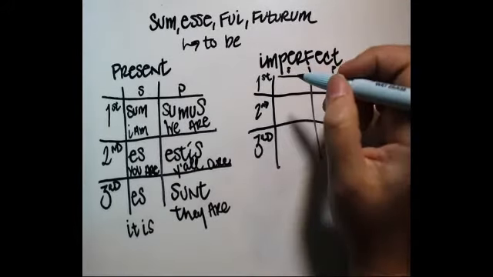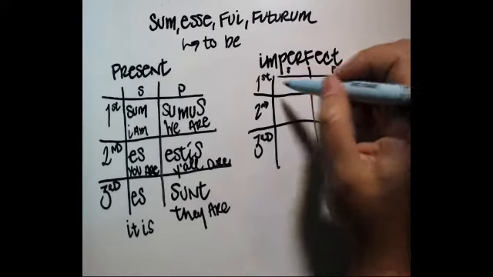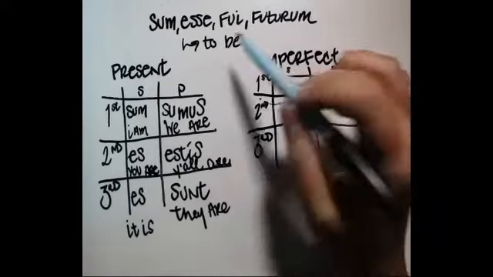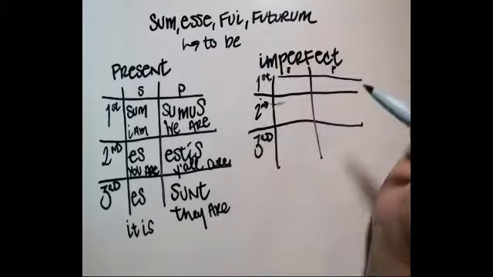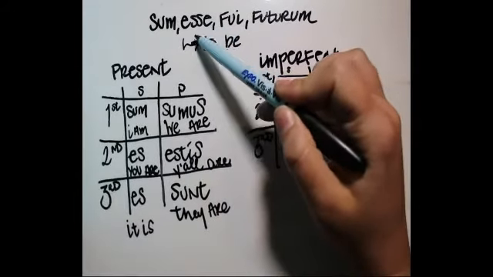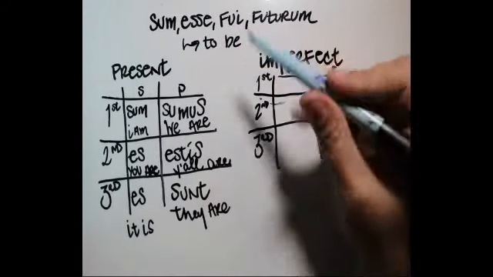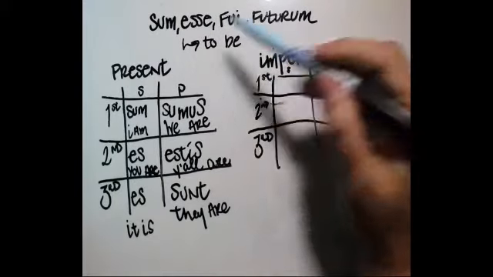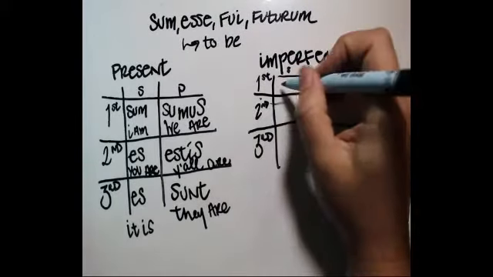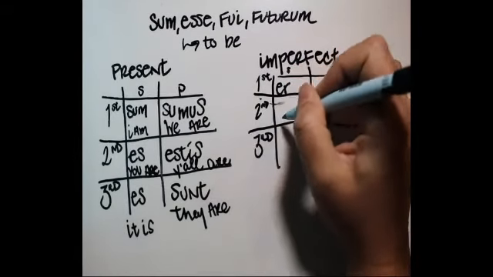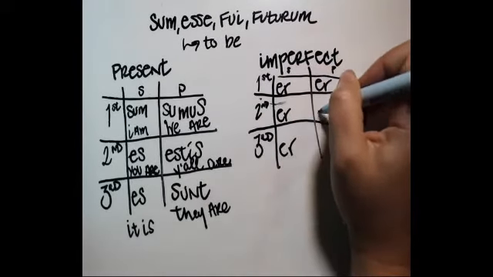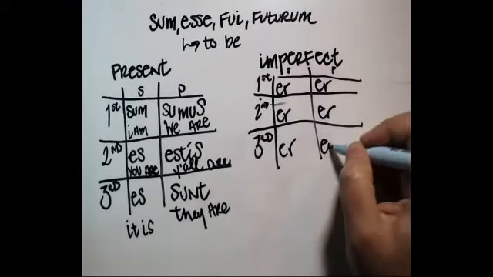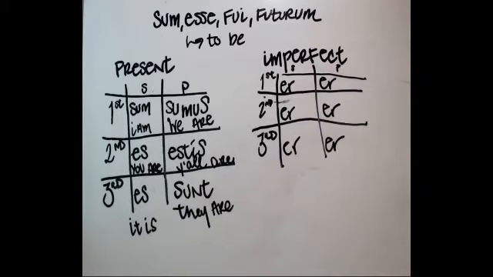So everything gets the stem ER, which is strange because what you usually do to find your stem is you chop off the endings of your first or your second principal part, your present active stem. But if you did that here, you would end up with ES, and that's not what you use. You use ER. And the vowel you use is A.